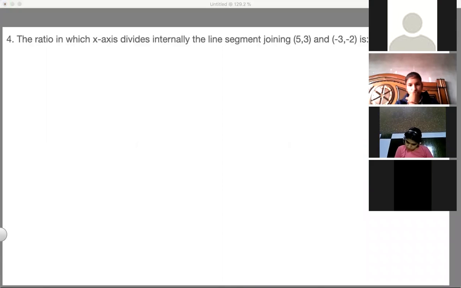The ratio in which x-axis divides internally the line segment joining these 2 points, right? So x एक्सिस पे अगर कोई पॉइंट है तो किस फॉर्म का तो हो? वो y एक्सिस पे 0 होती है, उसका y कोऑर्डिनेट 0 होता है. ठीक है, तो द पॉइंट विल बी ऑफ दिस टाइप.